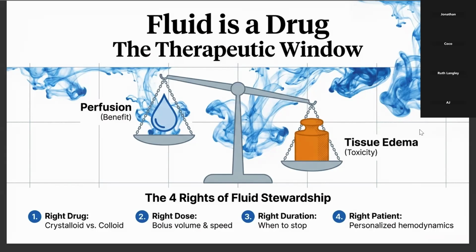The right duration, so when to stop. By that I mean not when to stop the fluid bolus, but when to stop giving fluid boluses, because there will come a point where they actually don't make any difference anymore. And then the right patient. So we need to make sure that we are giving the right fluids to the right patient, depending on their hemodynamics.